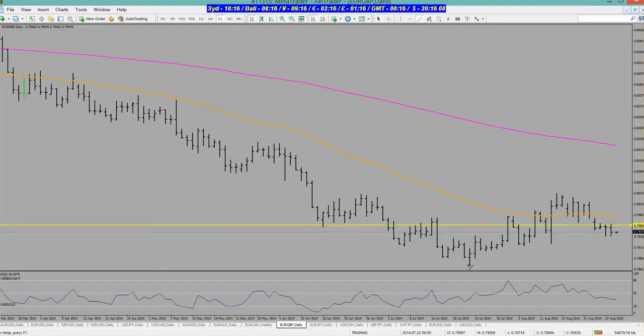The channel I was looking at was pretty much that. No, sorry, that. If we look at that, that was what I was potentially looking at, but it's broken underneath that.